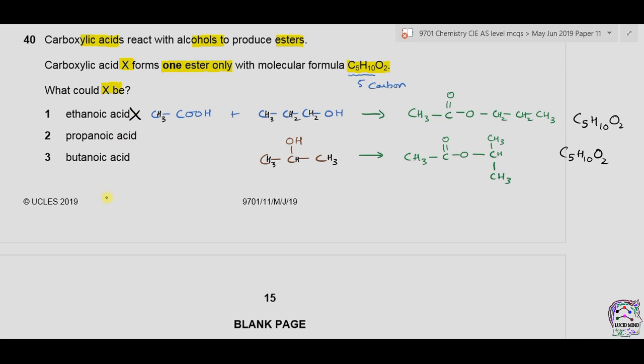Second is propanoic acid. In propanoic acid, we have 3 carbons in the carboxylic acid. So it means that it needs a 2-carbon alcohol in order to form a 5-carbon ester. The rest are the hydrogen atoms. And this is the only way in which a 2-carbon alcohol can be drawn, so there is only one product that is formed.